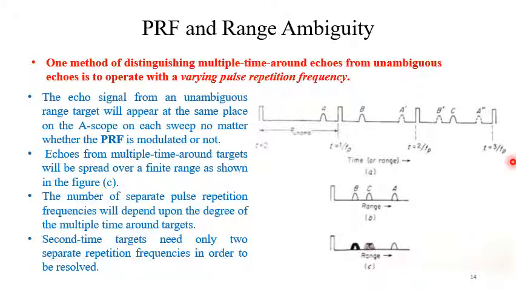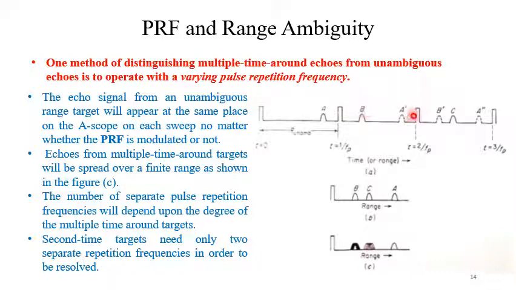The echo signal from an unambiguous range target will appear at the same place on a scope on each sweep, no matter whether the PRF is modulated or not. But the echoes from multiple time around targets will spread over a finite range, because the pulse repetition frequency is changing.